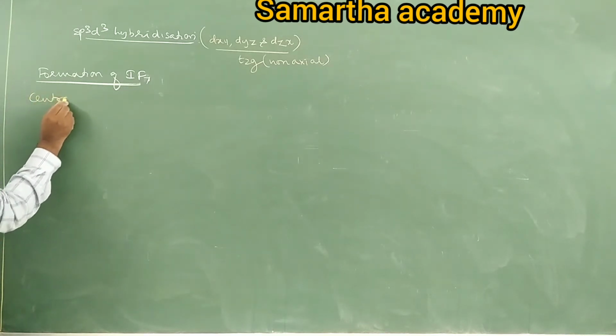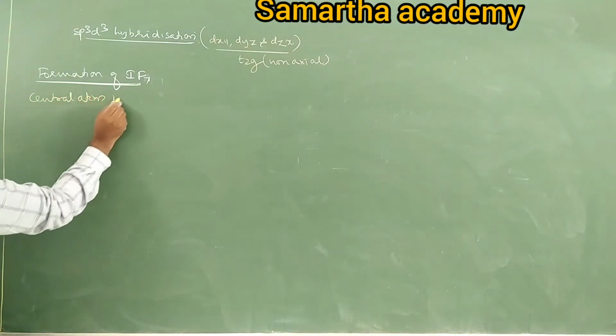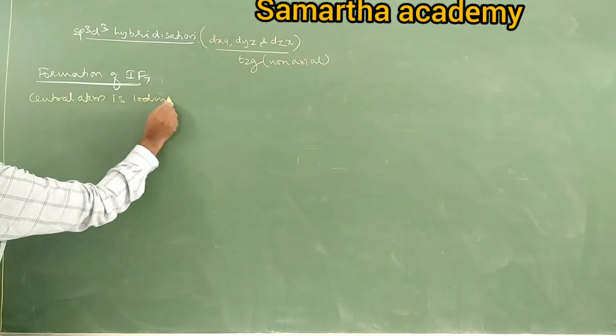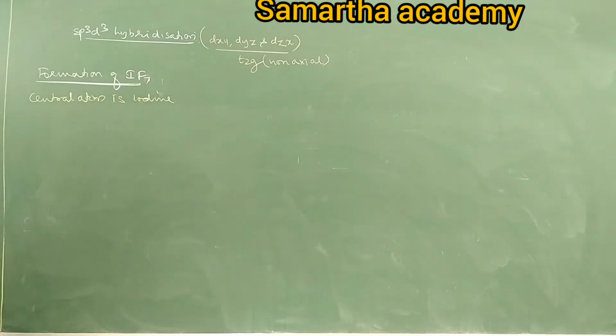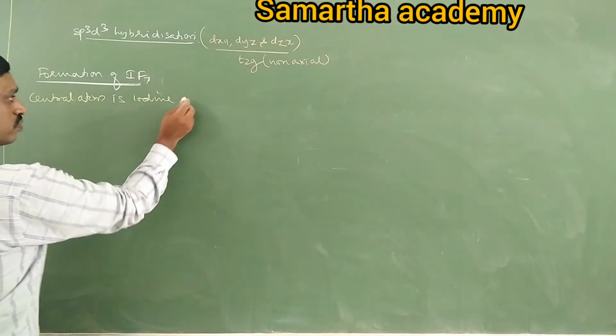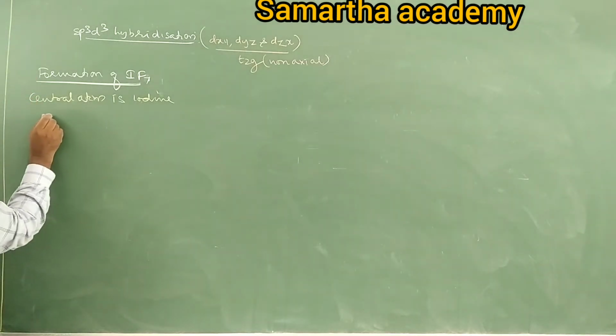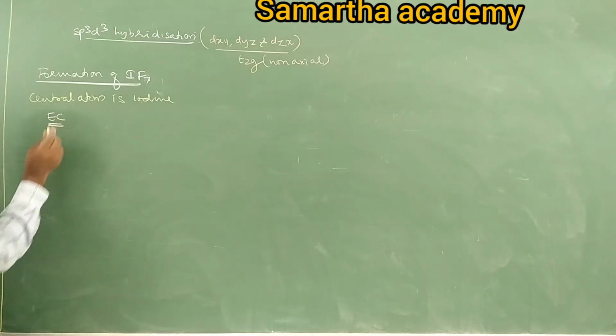The central atom is iodine. Can you tell me its electronic configuration? You need not write 1s2 2s2, you can write just the valence shell.